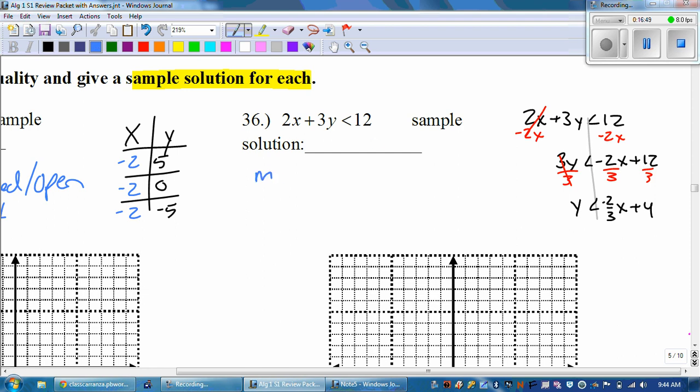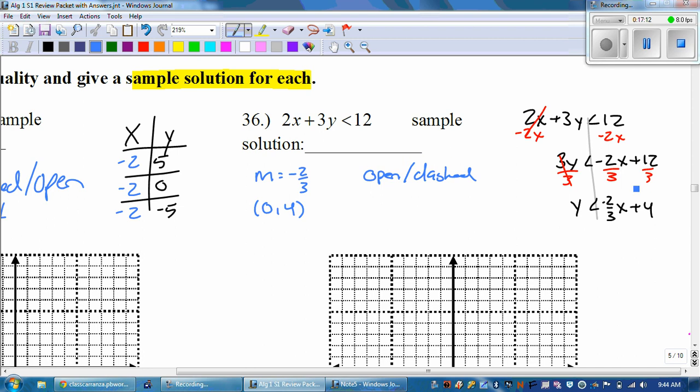Okay, so my slope is -2/3. My y-intercept is 0, 4. Is it going to be open or closed? Yeah, it's going to be open, and open, like we said in the last one, is dashed.